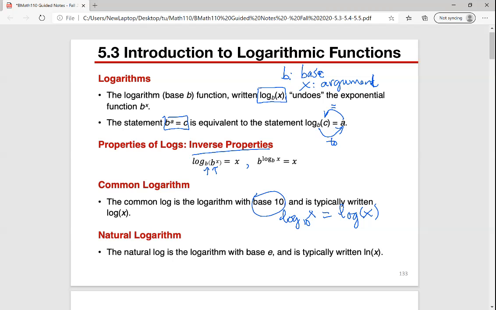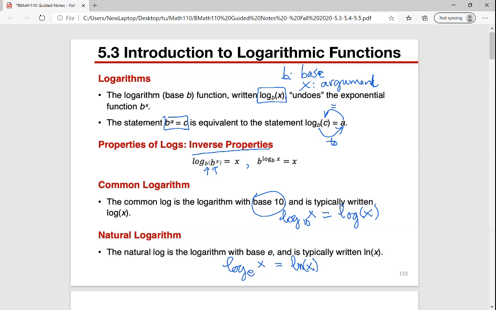So you can see here, log base e of x can be rewritten as ln x. ln means log base e of x.